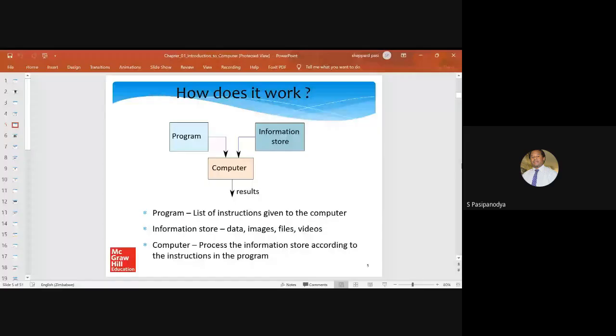So this can include things such as student reg numbers. All these things form what we call our information store.